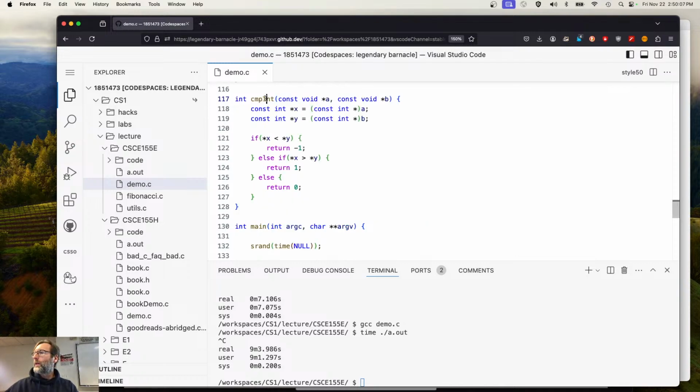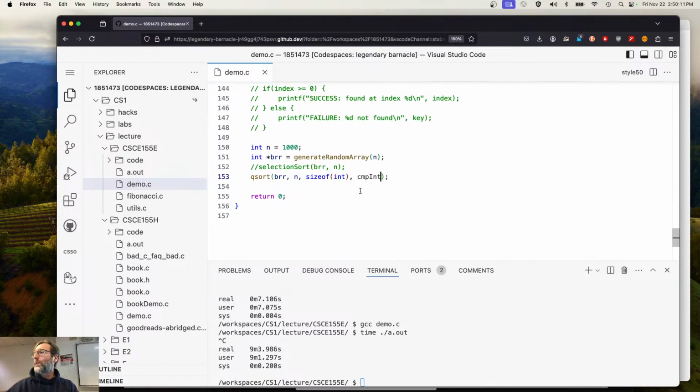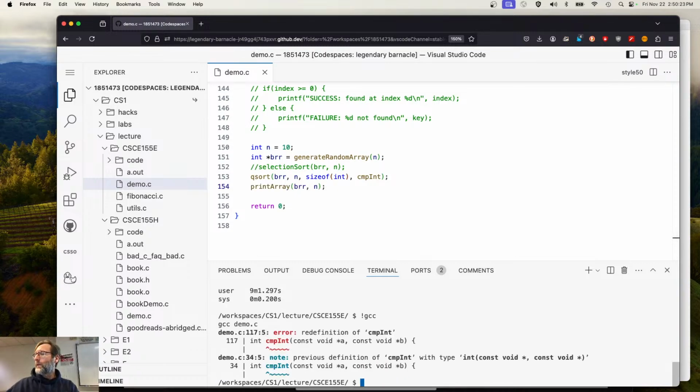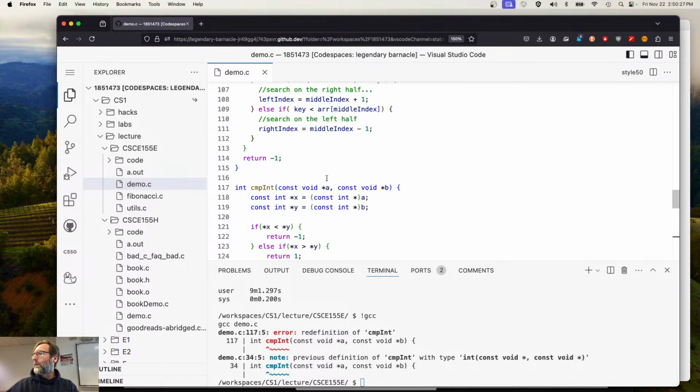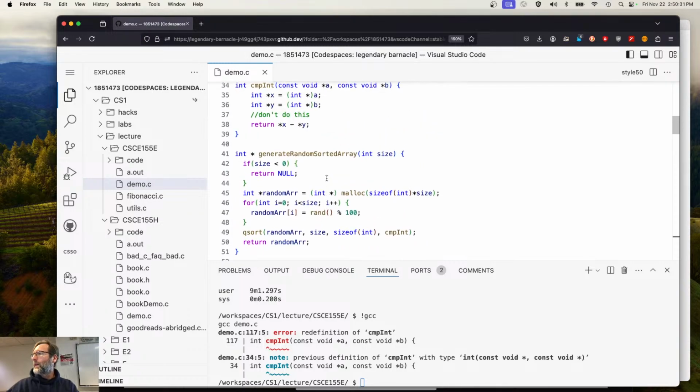There's a cmp_int. I'm going to show you first that it actually works. For that reason, I'm going to kick this down to 10, just to make sure, absolutely sure that it works, and print the array arr of size n. GCC. Oops. Did I already have it in there? cmp_int. Looks like I grabbed it from somewhere already.